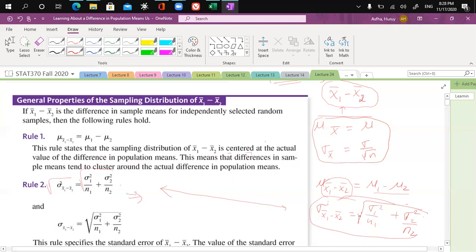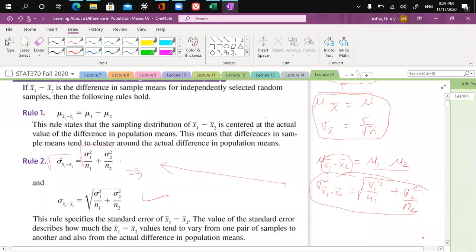That was mathematically wrong. All right, so this is the standard deviation, and exactly, we have it here. So now we know the mean of the statistic and the standard deviation of the statistic.